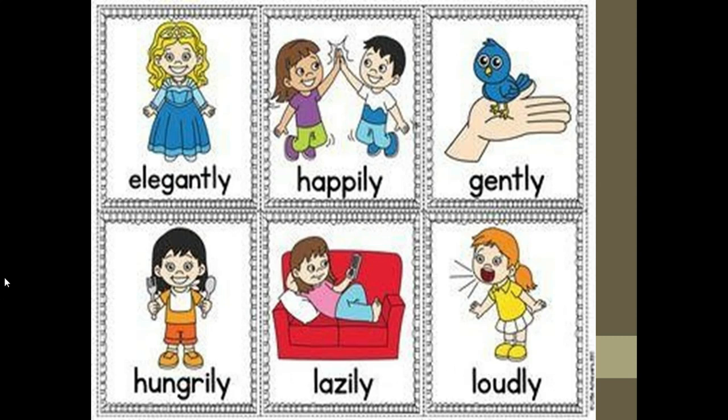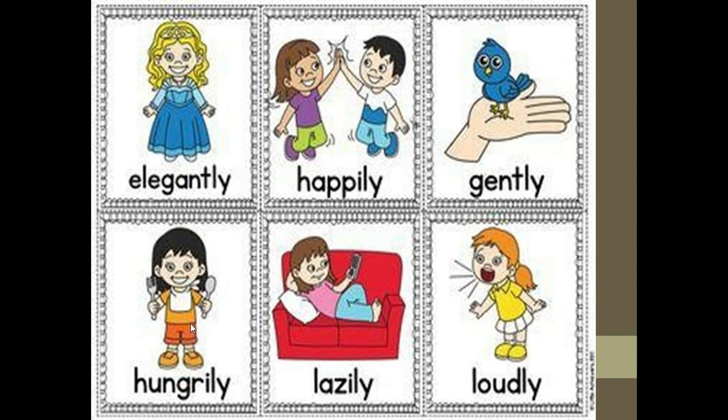For example, the girl is looking elegantly. Now looking is a verb and elegantly is an adverb. The children are playing happily. Playing is a verb and happily is an adverb. And here, the boy put the bird on his hand gently. Now gently is an adverb.